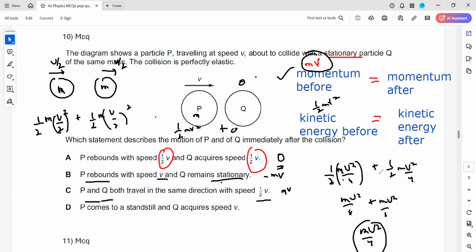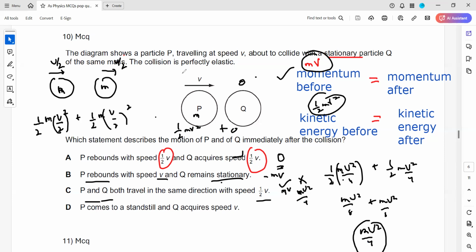So the total kinetic energy according to option C after the collision is mv square by 4. But we want the total kinetic energy to be mv square by 2, or half mv square. So momentum was conserved, but the kinetic energy is not conserved in option C.